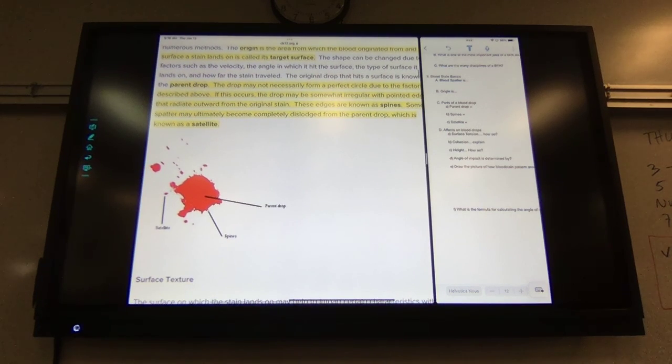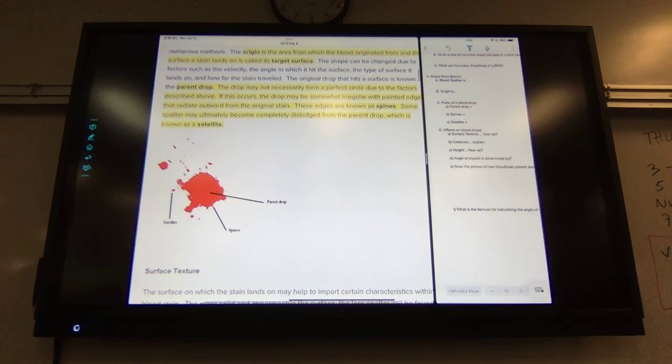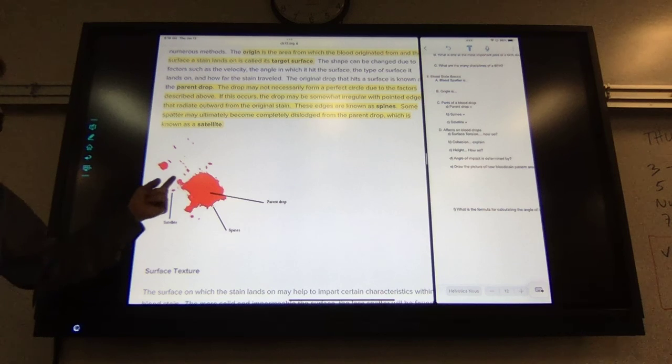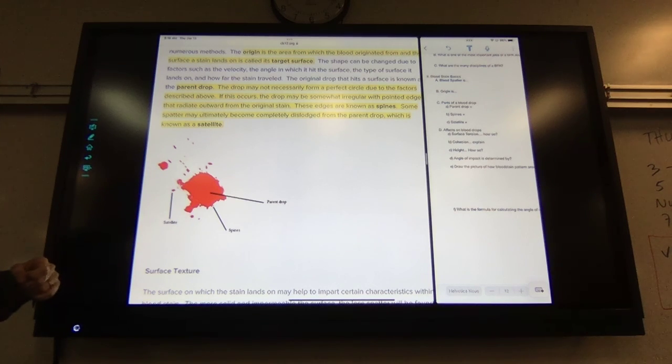It's not necessarily going to form a perfect shape depending on the type of surface that it hits. So you're going to have irregular edges often, and because of the speed and the volume of the blood, you could have satellites, but it came from the parent drop.